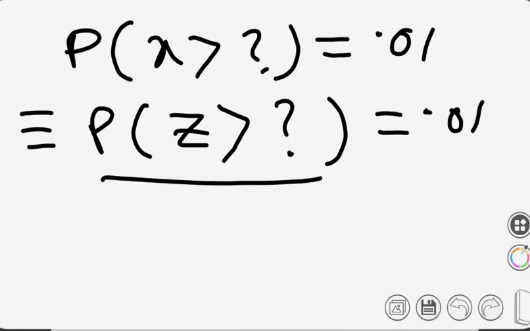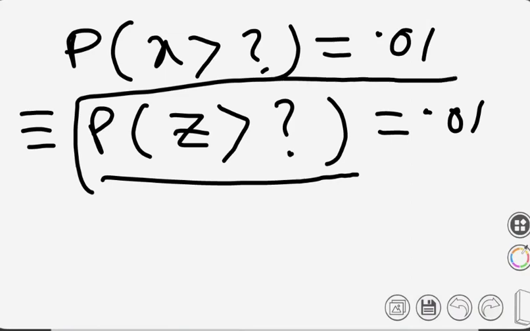So from the standard normal table, we can find out that value of z which gives you 0.49.